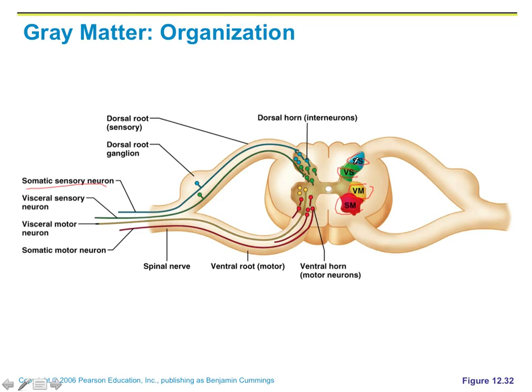For example, if a patient has ulcers in his stomach, he will feel huge stomach pain, right? This stomach pain will be detected by the visceral sensory neurons. Okay, so that's the difference.